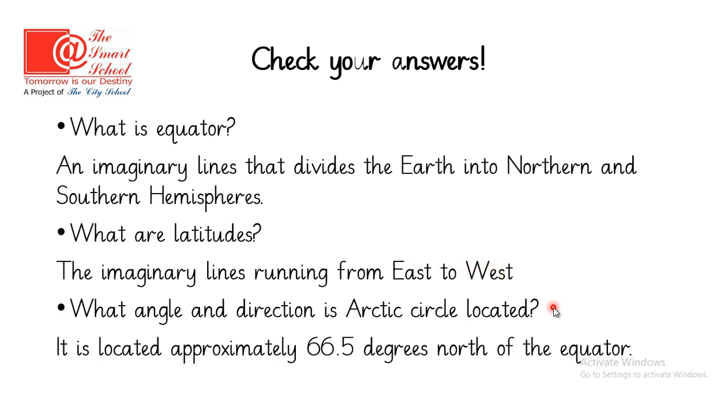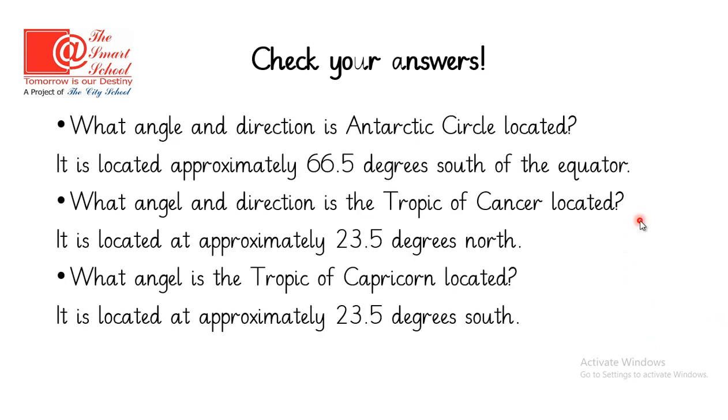What angle and direction is Arctic Circle located? Yes, it's located approximately 66.5 degrees north of equator. What angle and direction is Antarctic Circle located? Yes, it's located approximately 66.5 degrees south of the equator.